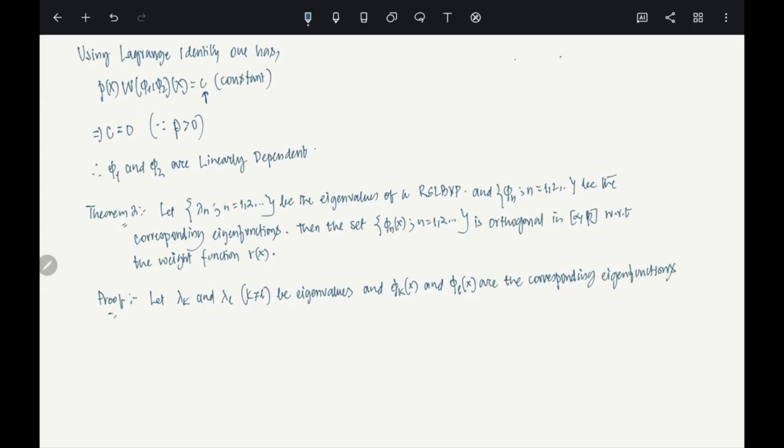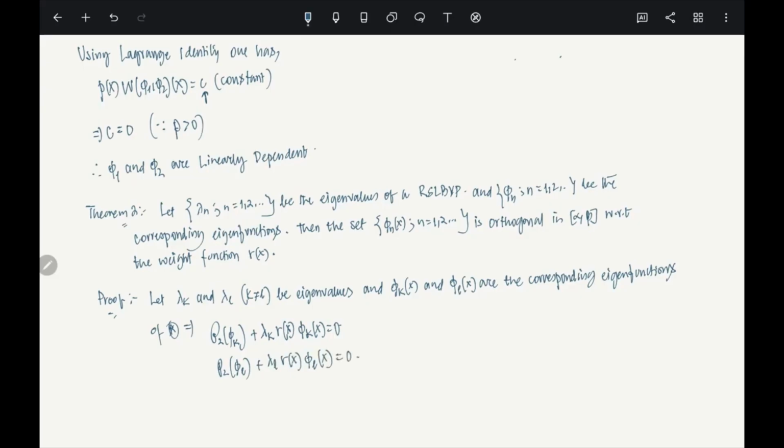Since phi k and phi l are solutions, we have this equation: P2 of phi k plus lambda k R(x) phi k(x) equals 0, and P2 of phi l plus lambda l R(x) phi l(x) equals 0.